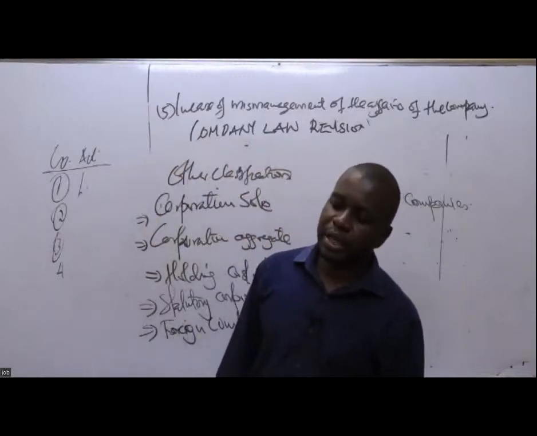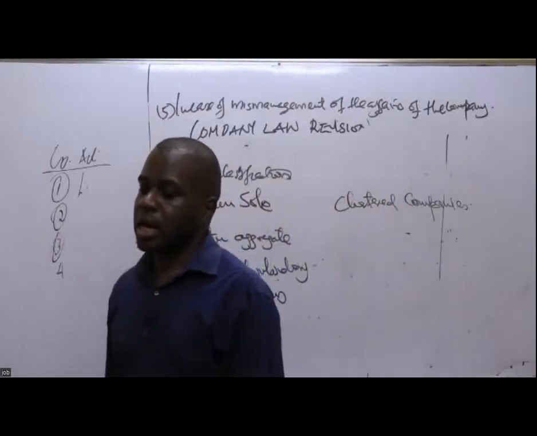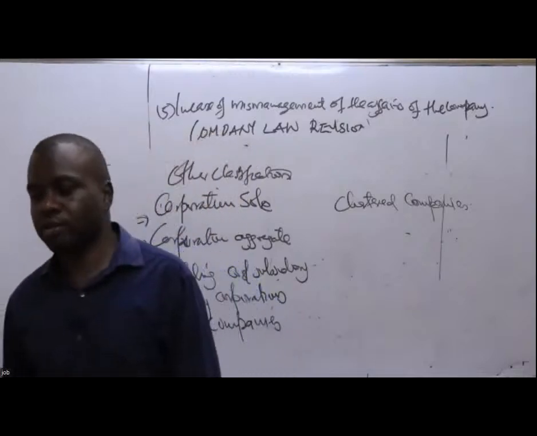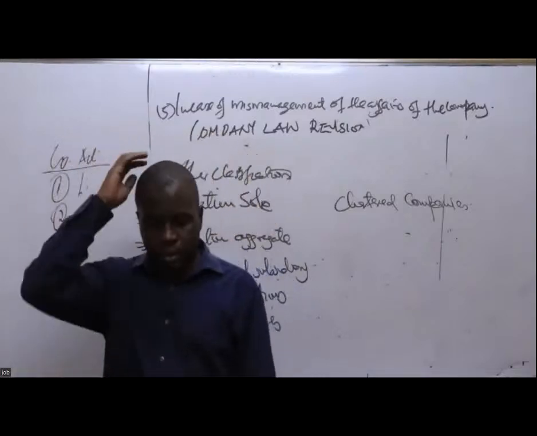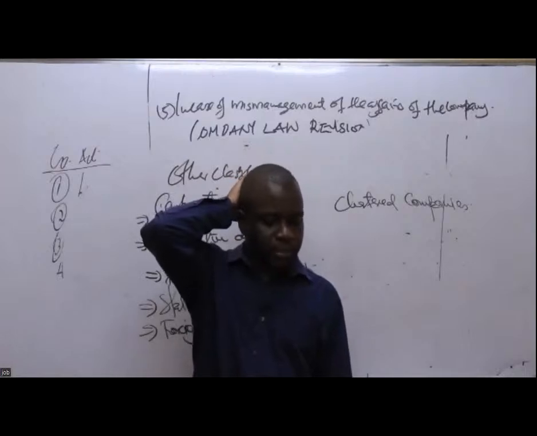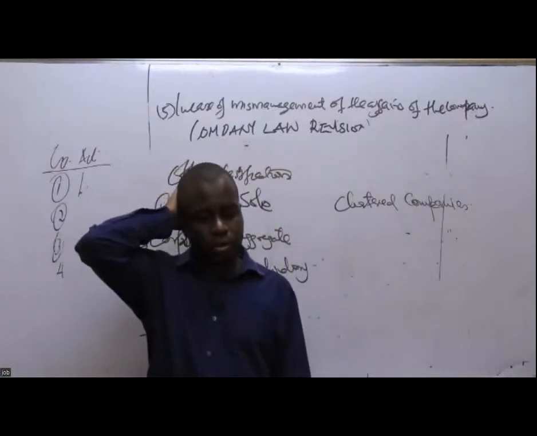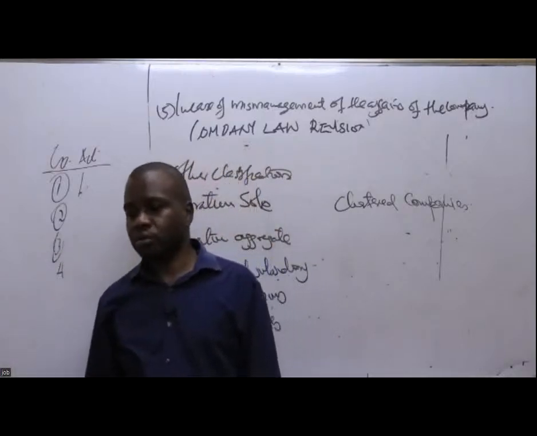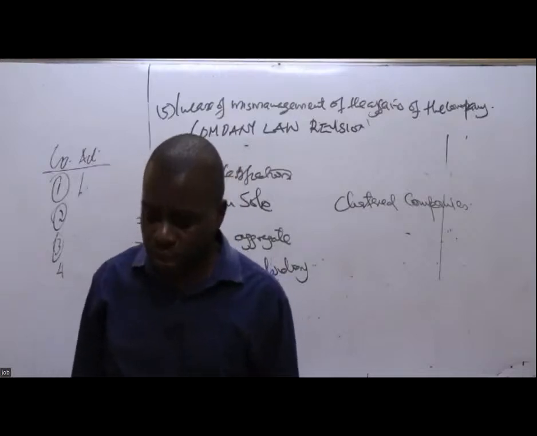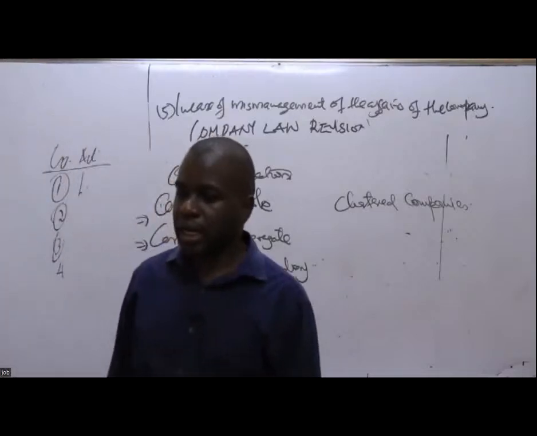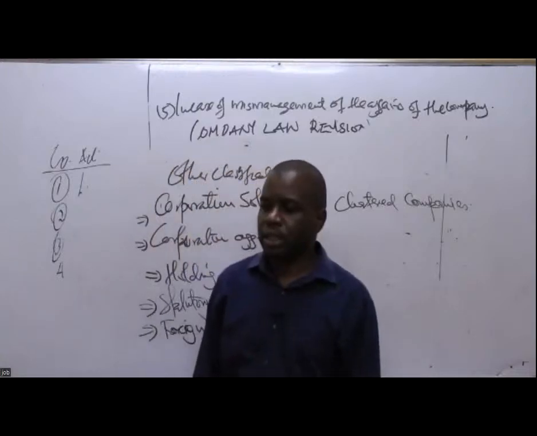So the example he gave is, for example, the office of the president, or maybe the office of the bishop. The office of the president will be held by a sole person, so it cannot be held by two persons. Only one person can hold that particular office.